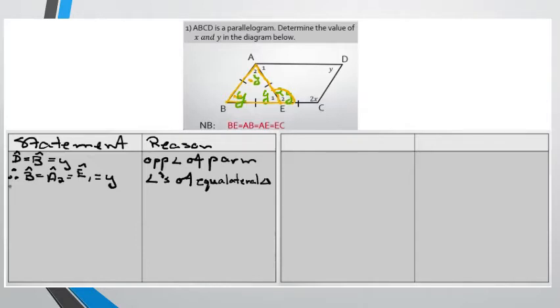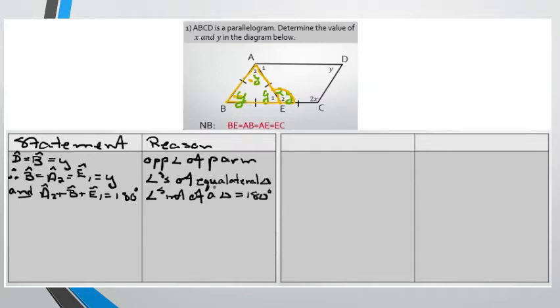Now I'm going to continue in that same triangle where I'm going to say angle A2 plus angle B plus angle E1 equals 180 degrees. The sum of the interior angles of a triangle equals 180 degrees.